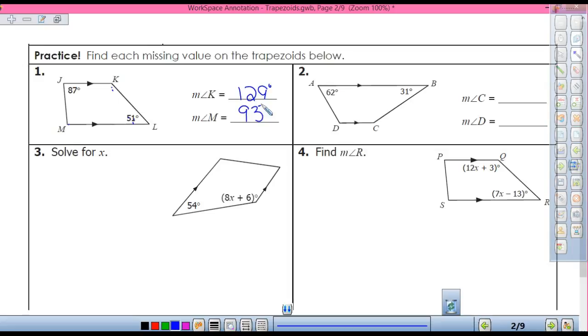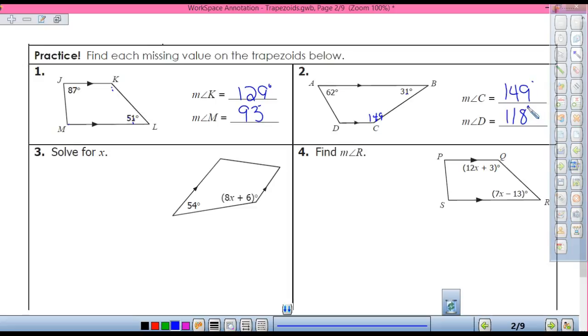Over here, what's C going to be? 149, because consecutive angles are supplementary. And then what's D going to be? 118, because consecutive angles are supplementary.